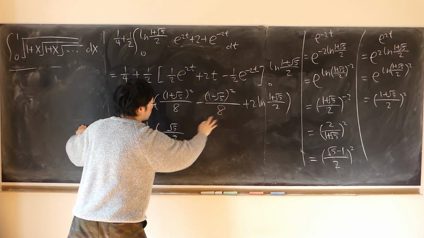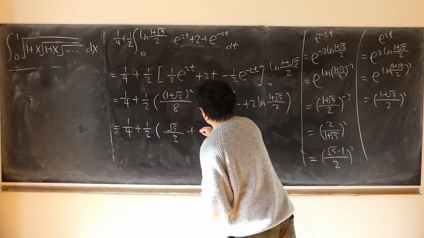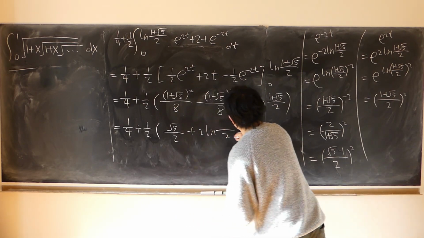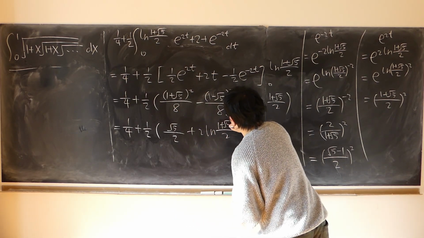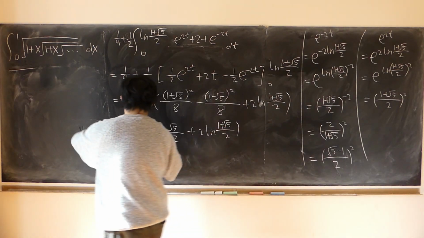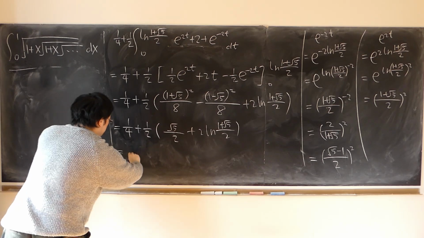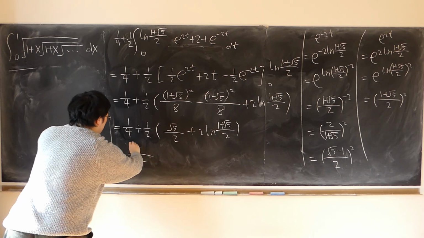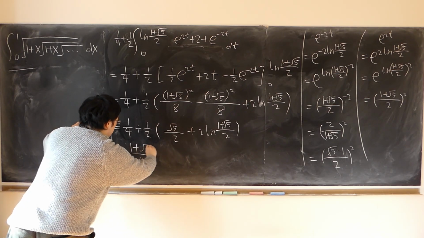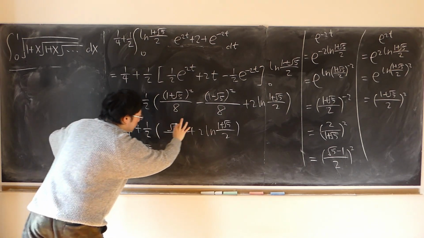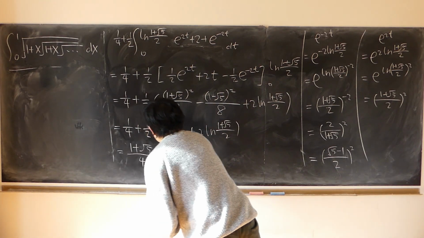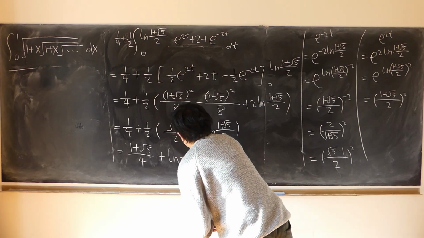That's for this, plus log. Easily this combined with this, so over 4, 1 plus square root of 5, this onto this, log.